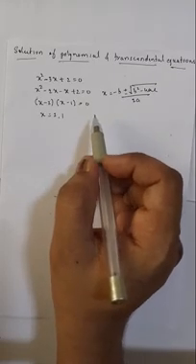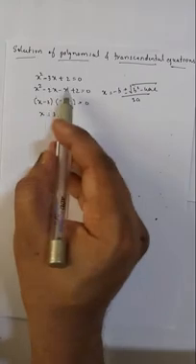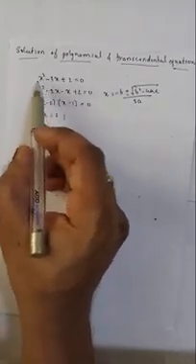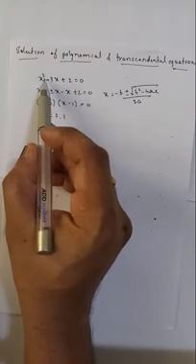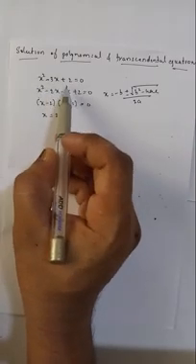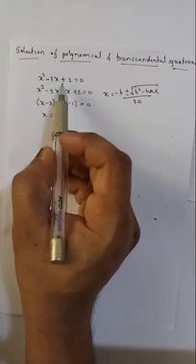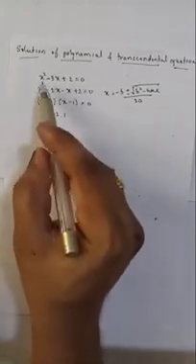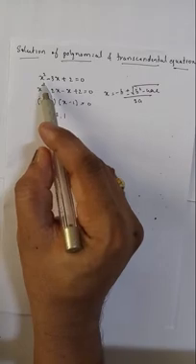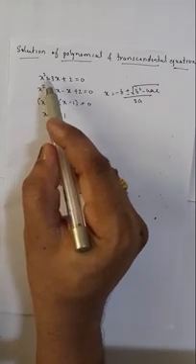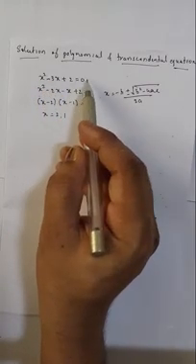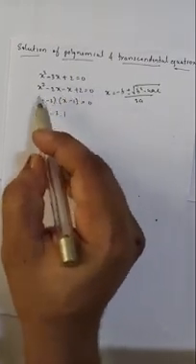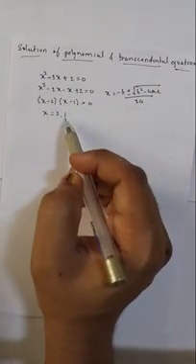Now there are some polynomials where the degree of the equation is greater than 2. This is the equation of degree 2. Suppose we get a polynomial of degree 3, 4 or 5. When we go to higher degree polynomials, factorization is not possible, right?